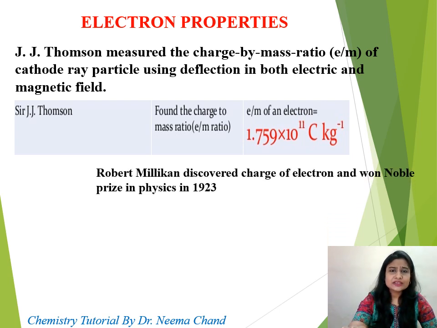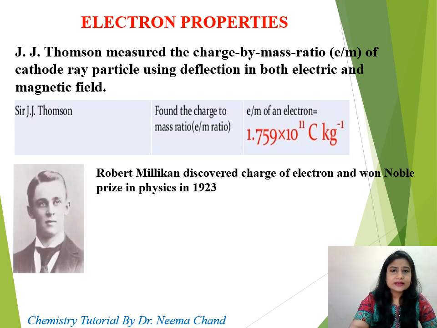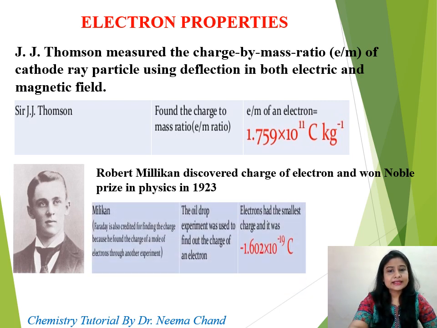But the exact charge of an electron was only measured by Robert Millikan when he performed his oil drop experiment. In his experiment, Robert Millikan measured the charge of an electron against the negatively charged oil particles, and it came to around 1.602 into 10 to the power minus 19 coulomb.